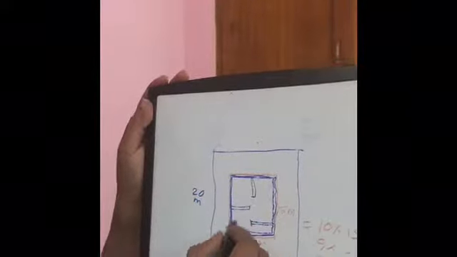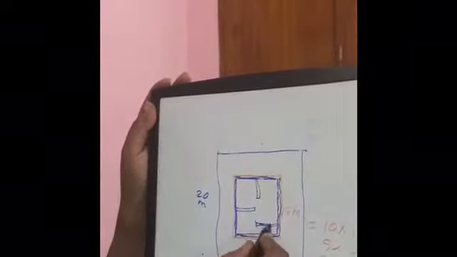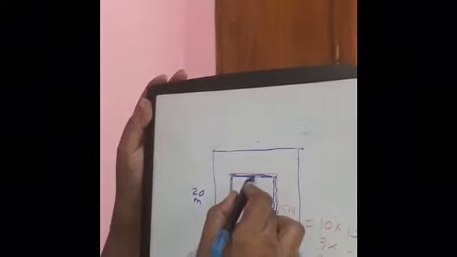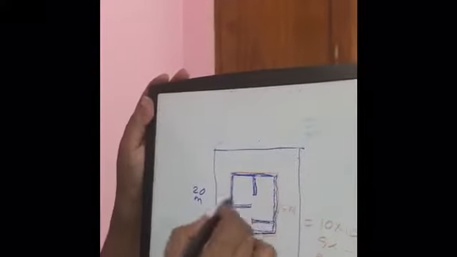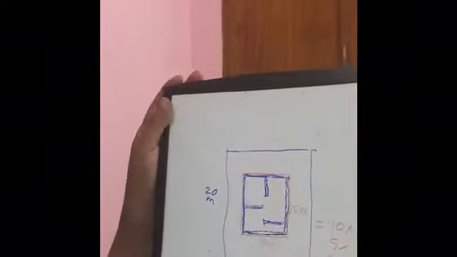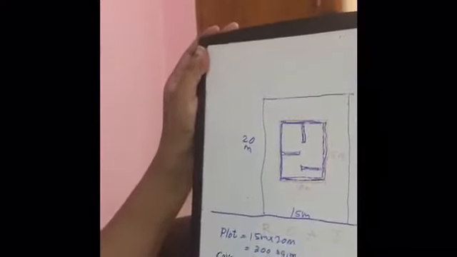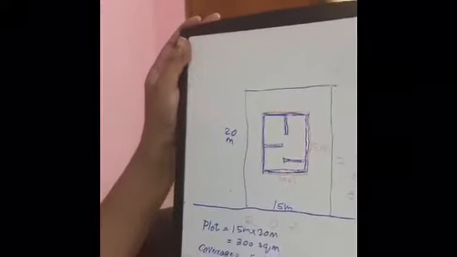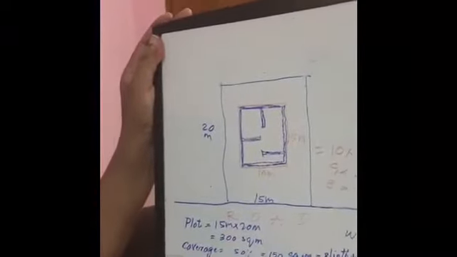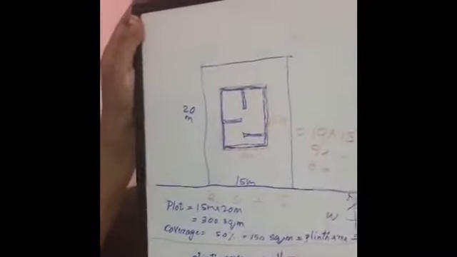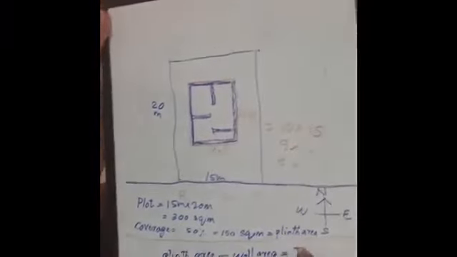9 inches wall, that is 30 centimeters. These are usually 15 centimeters. I estimate what is the area occupied by these lines. I take the plinth area minus wall area is floor area.